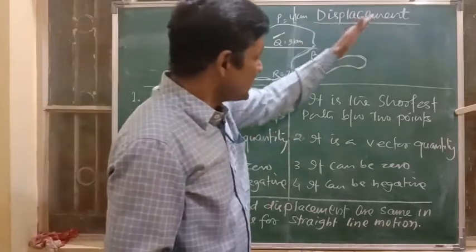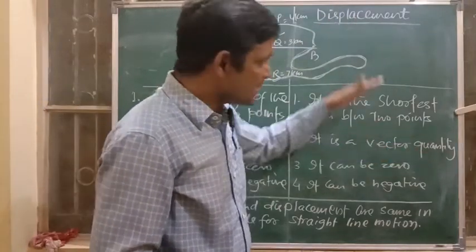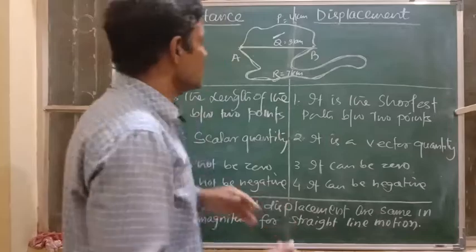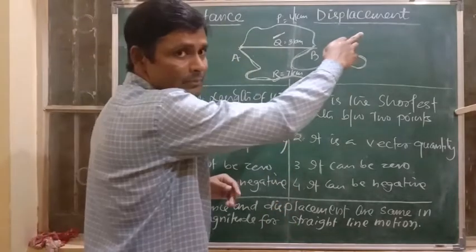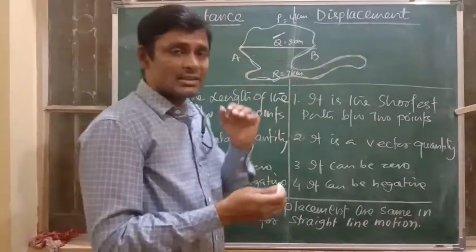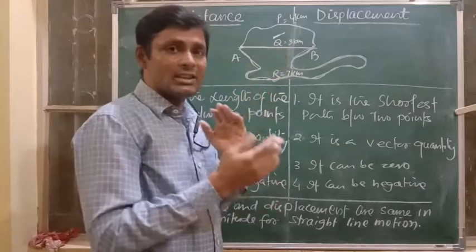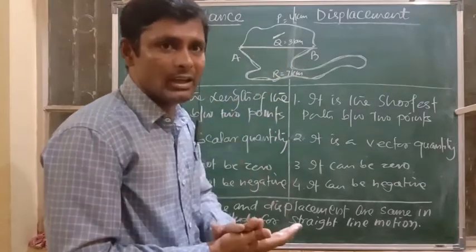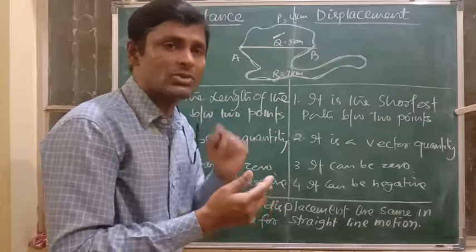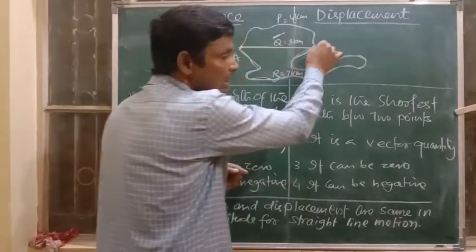But displacement is a vector quantity. Displacement is a vector quantity because it has to be drawn in a straight line. And if I ask Q what is the displacement of B from A, then he has to start from A to B in a straight line.